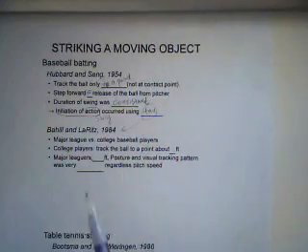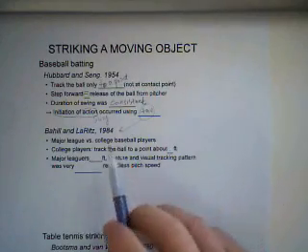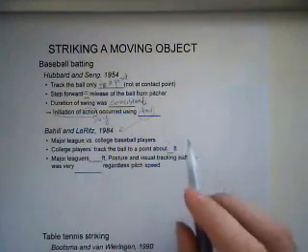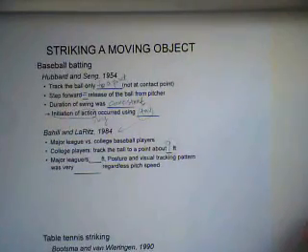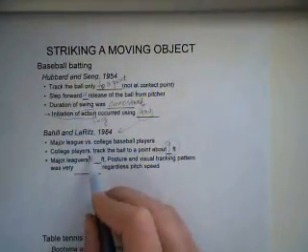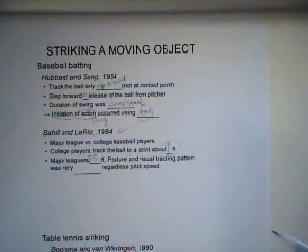They compared major leaguers versus college baseball players, and interestingly, college players tracked the ball to a point about 9 feet, but the major leaguers could track the ball up to 5.5 feet.